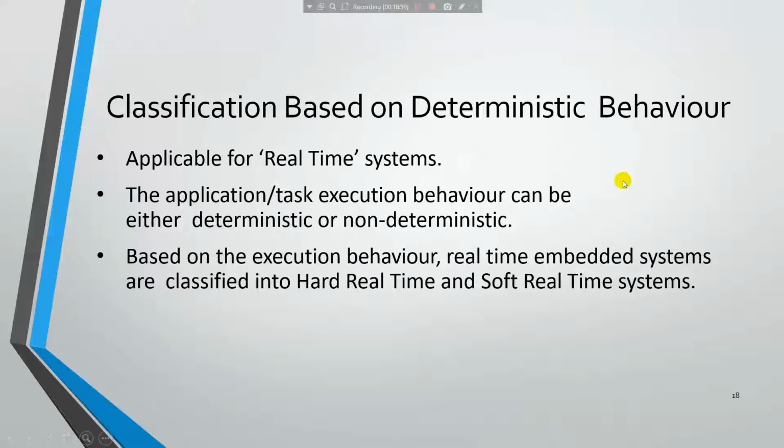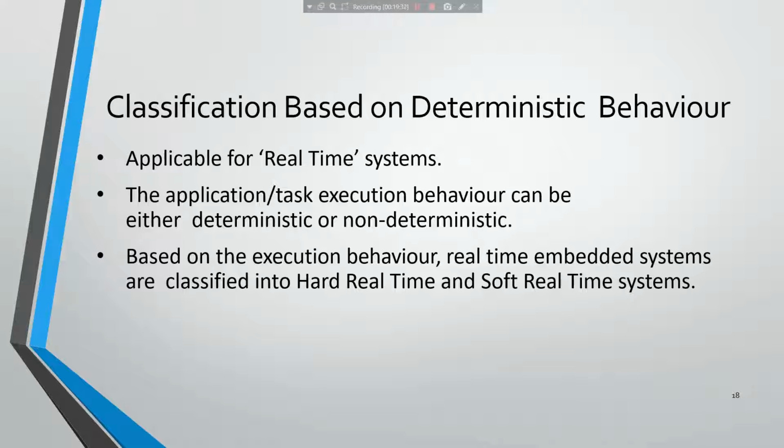Next, classification based on deterministic behavior, like real time systems, real time bound. The task has to be completed on or before the time, and deterministic and non-deterministic behavior can also be seen. So based on the execution behavior, real-time embedded systems are classified into hard real-time and soft real-time. Hard real-time means that has to happen. If I say within 10 seconds a particular task has to be performed, it has to be performed.